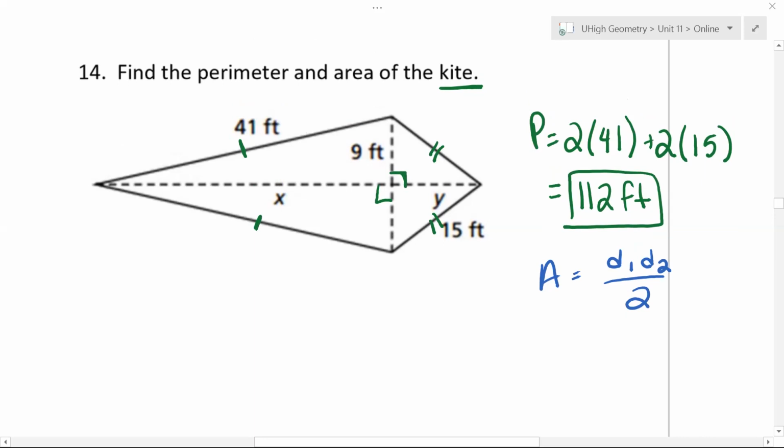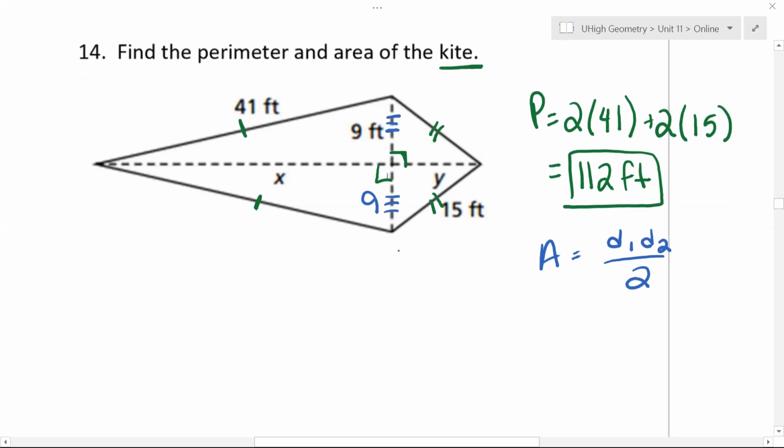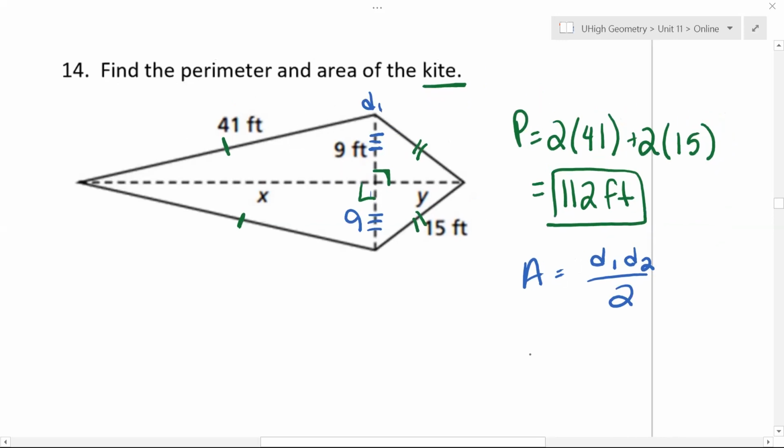So this short diagonal here is going to be my diagonal that's bisected. So one part is 9 feet, then my other part is also going to be 9 feet. So I'm going to call this short diagonal diagonal 1, and I know that diagonal 1 is 18.